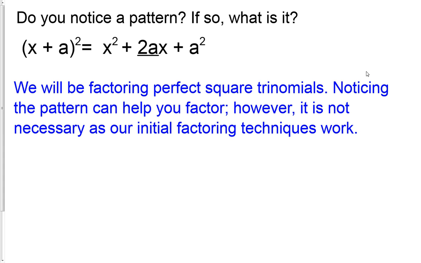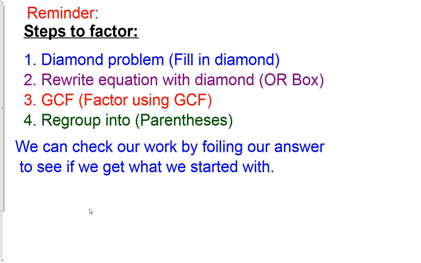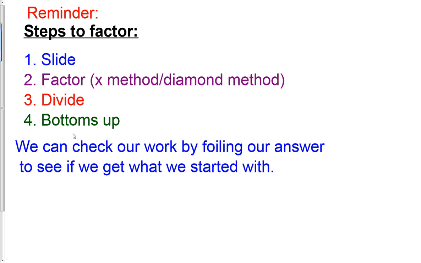We're not necessarily worried about the pattern here, because remember, how do we factor? Generally, we use the diamond problem. What we did for factoring was slide, factor, divide, bottoms up, which involved the diamond method from the previous lessons. We slide the number in front to the back.